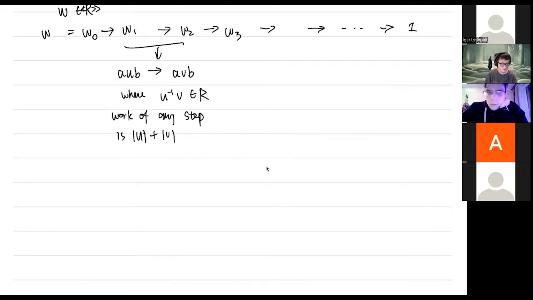So we define the work of W, this derivation, to be the minimum work over all derivations.